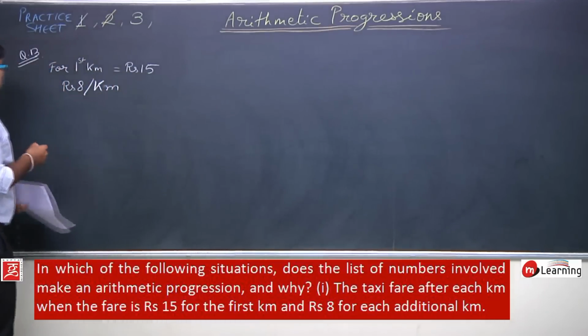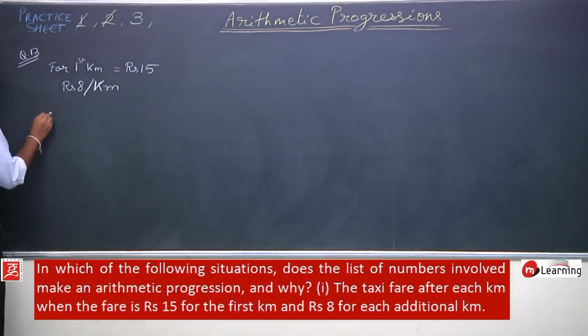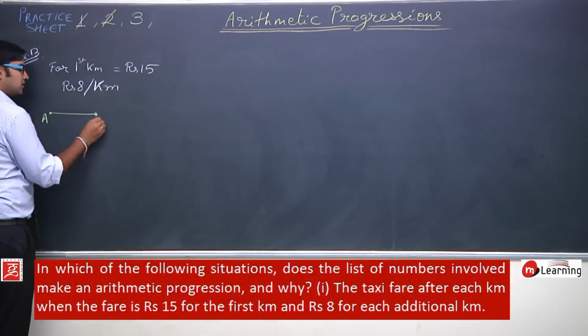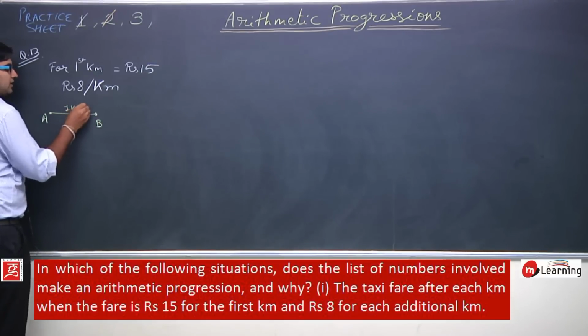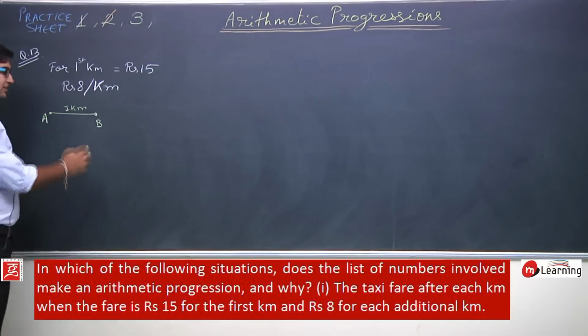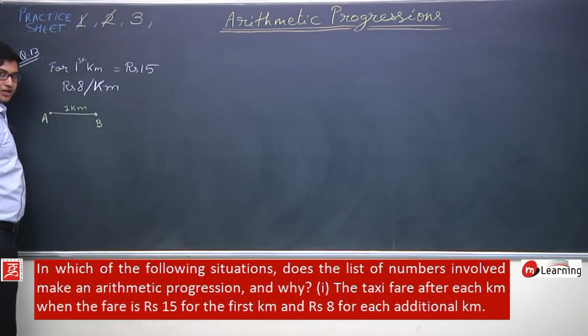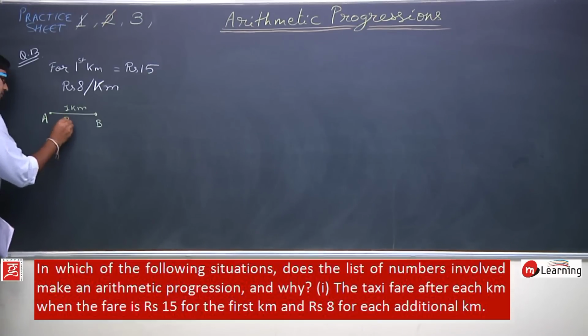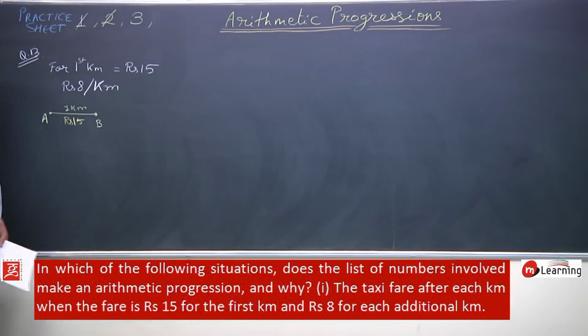So let us see a situation. I hire a taxi from this point A. If I travel to this point B, which is 1 kilometer away from A, I need to pay rupees 15 for this kilometer.